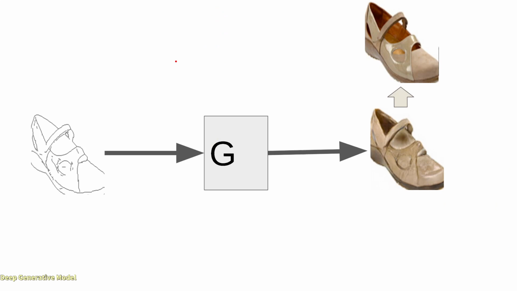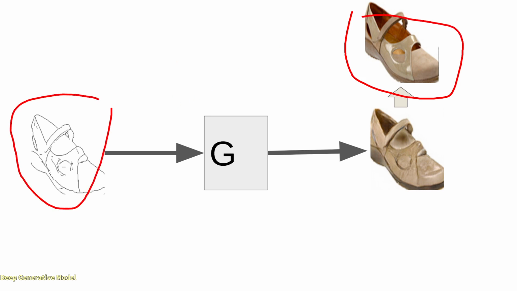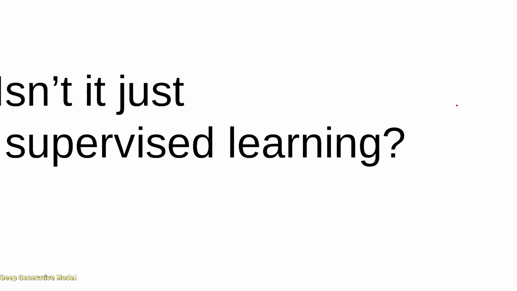But considering the setting, since we already have the ground truth image right here, and we have the input as a condition, this is just supervised learning, right? Because we have x and y exactly. So why do we even need GAN?